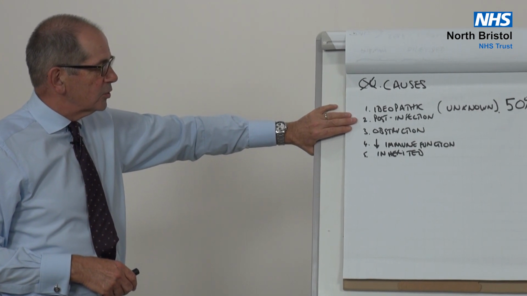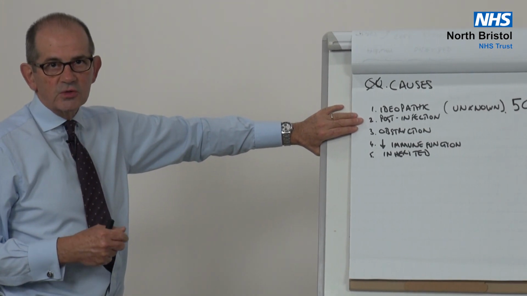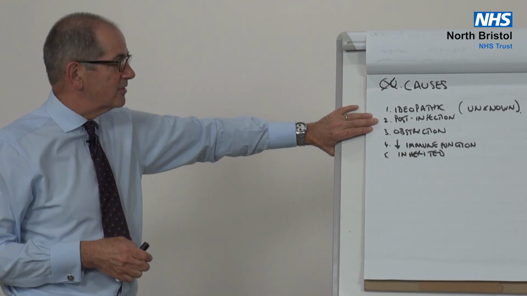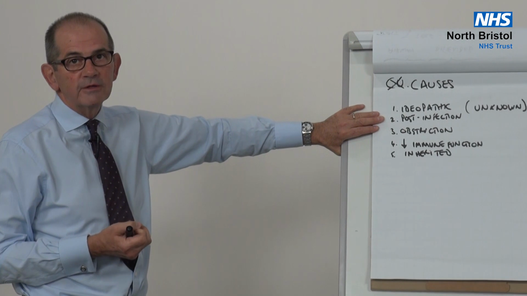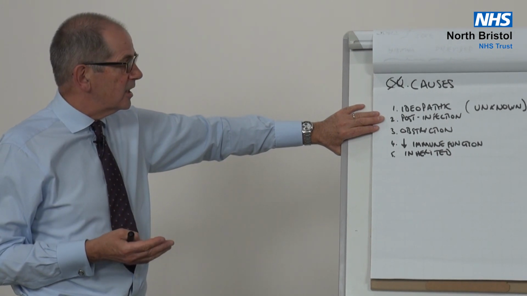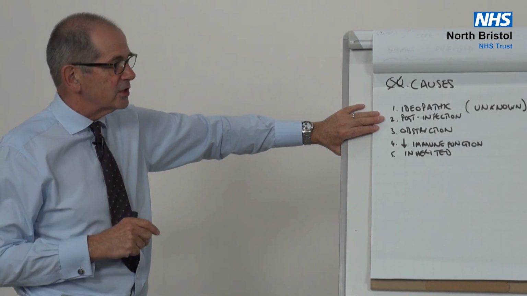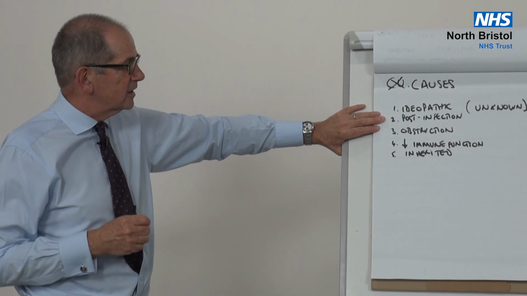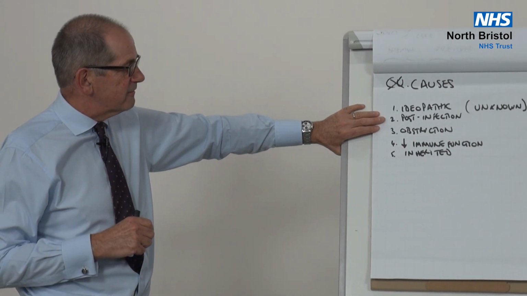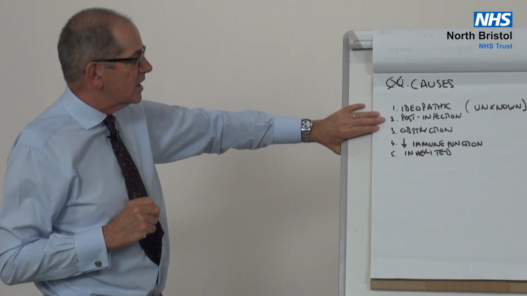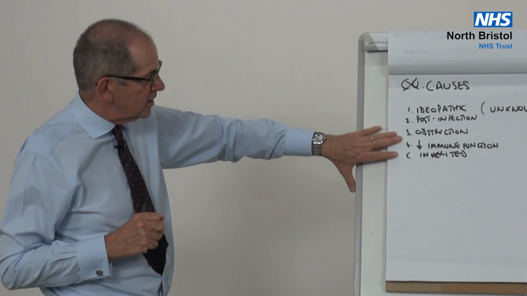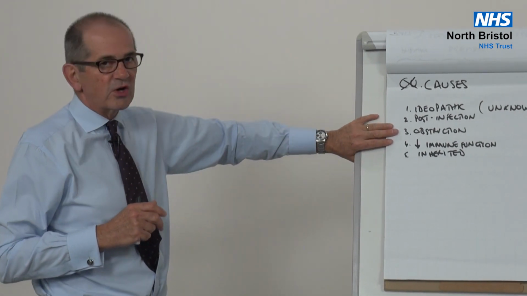The second most common cause is post-infectious, where there is a clear history of the patient having had an infection. It might be tuberculosis, it might be whooping cough in infancy, it might be any kind of infection that causes damage to the breathing pipes, and that can lead on to bronchiectasis. So post-infectious is the commonest diagnosis that we make when we make a diagnosis. Other things that can cause bronchiectasis are obstruction to an airway.